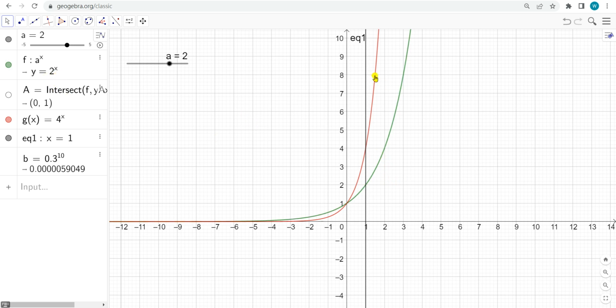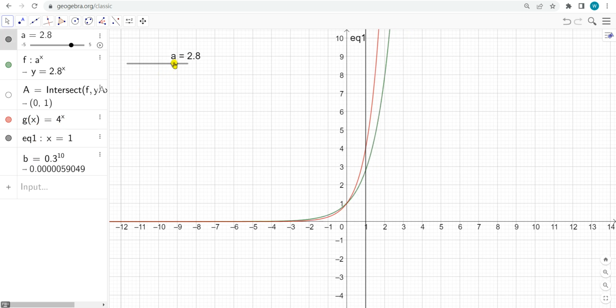Another one is when you look at the red line and the black line, when you find the intersection, then you can see that the intersecting point is (1, 4). That means when x equals 1, then y equals 4. So you can deduce that the red line is the exponential function y equals 4 to the power x. That's the base. Okay.